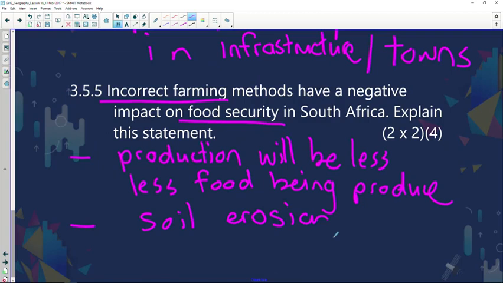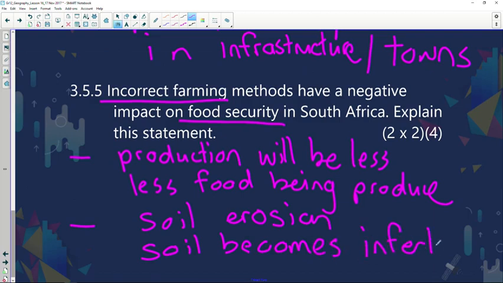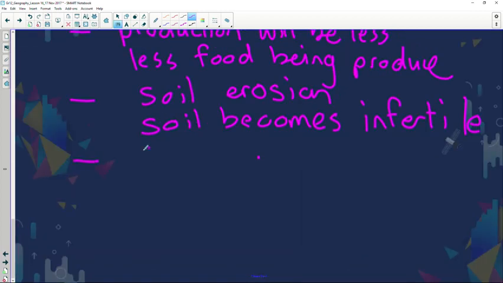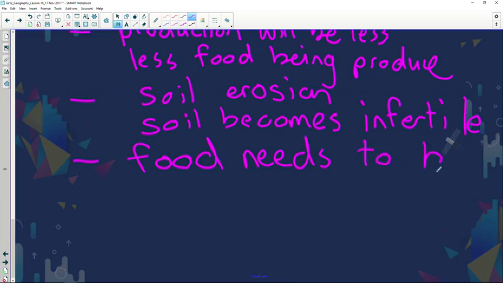So definitely incorrect farming methods lead to soil erosion, soil becomes infertile, and that leads to less food being produced, and eventually food needs to be imported.